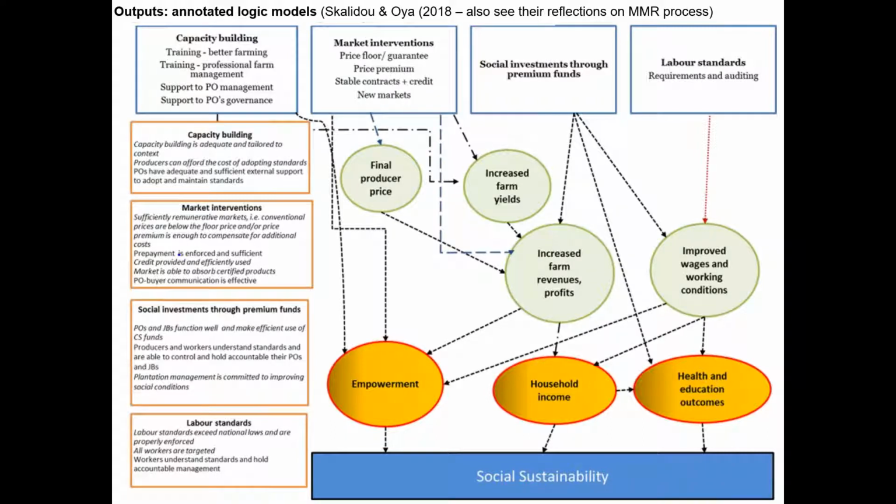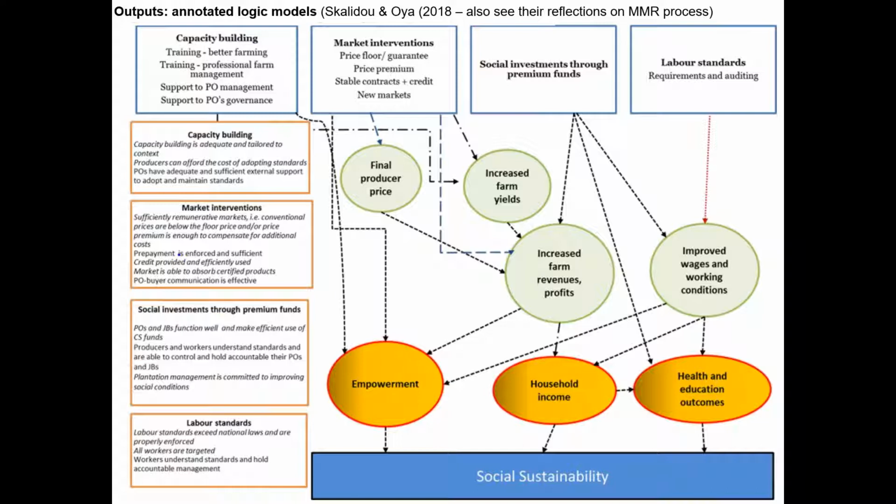And another output, quite different, let me just see if my 10 minutes is up, is what I've called here an annotated logic model from another review, a third review, which I think Biljana showed earlier, about certification schemes. So for example, the labels that get stuck on bananas. And so here you can see there's a sort of theory of change represented by these different kinds of dots or lines. And there's a blue dotted line that shows that it has small positive effects.